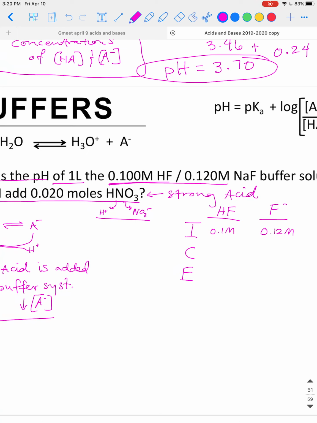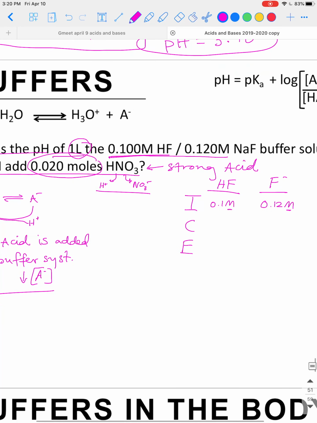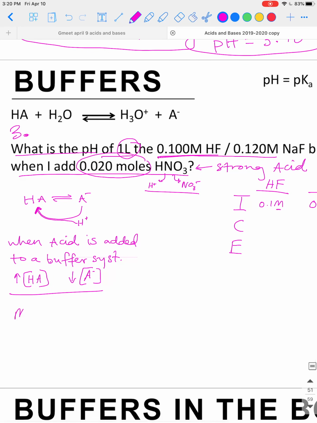How are these things going to change? Well, they're going to change by the amount of acid we add, and we have to get that in units of molarity. We're told that we add 0.02 moles of acid and we have 1 liter. Remember, molarity equals moles of solute over liters of solution.